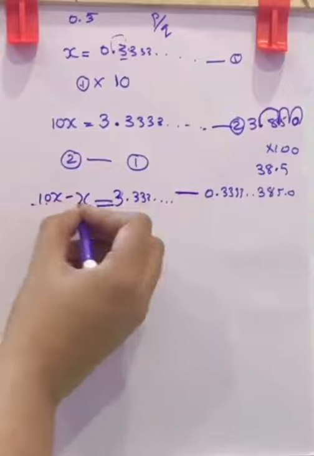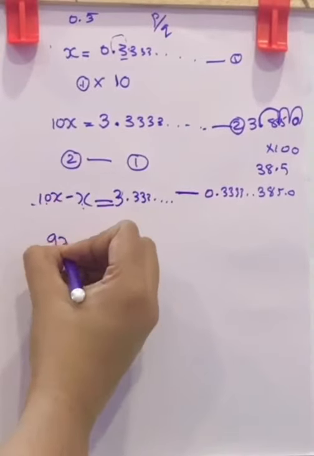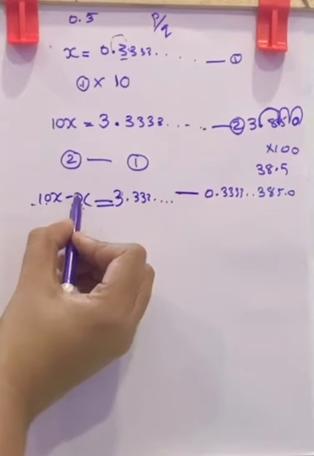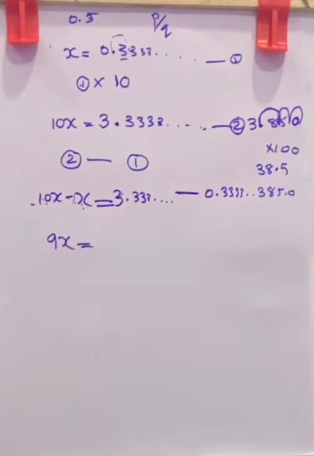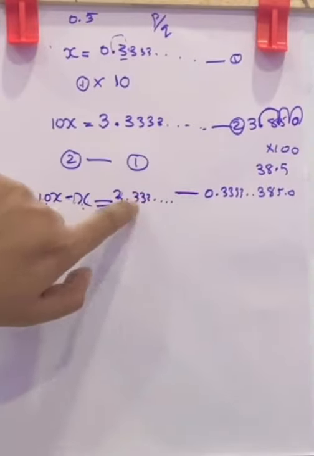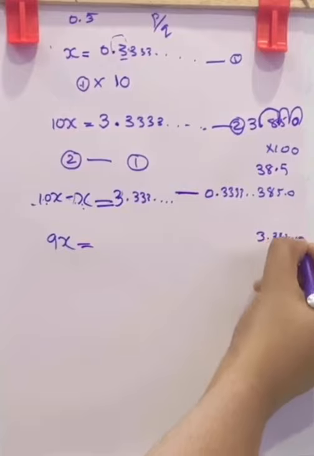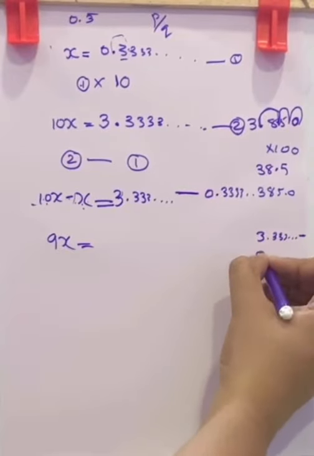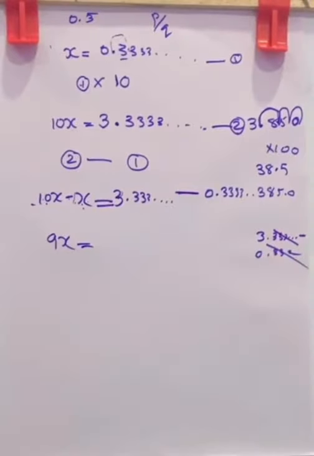Now this part, 10x minus x is 9x, because simply x means 1x. 10x minus 1x is 9x, is equal to, considering this part, 3.333 etc. minus 0.333 etc. So this part will be subtracted.